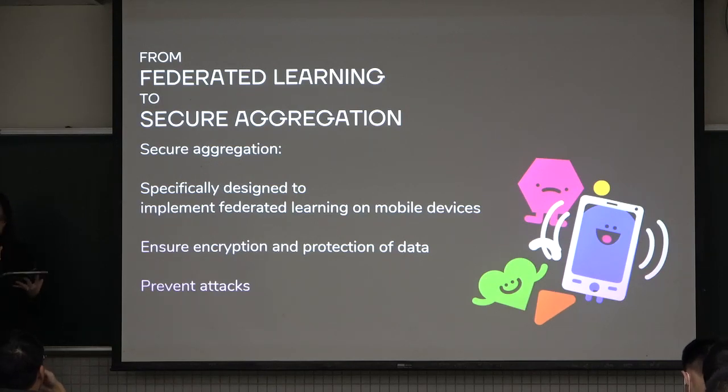When parameters aggregate across several edge devices, we don't want the bad guy to infer our information from the parameters we just updated. Then we need secure aggregation to ensure encryption and protection. And it can also prevent some novel attacks such as man-in-the-middle attacks or data leak attacks.